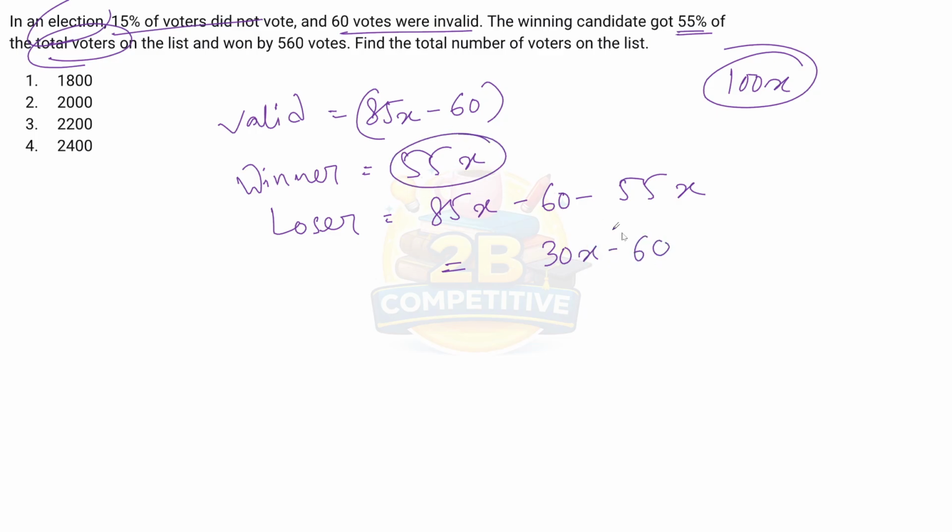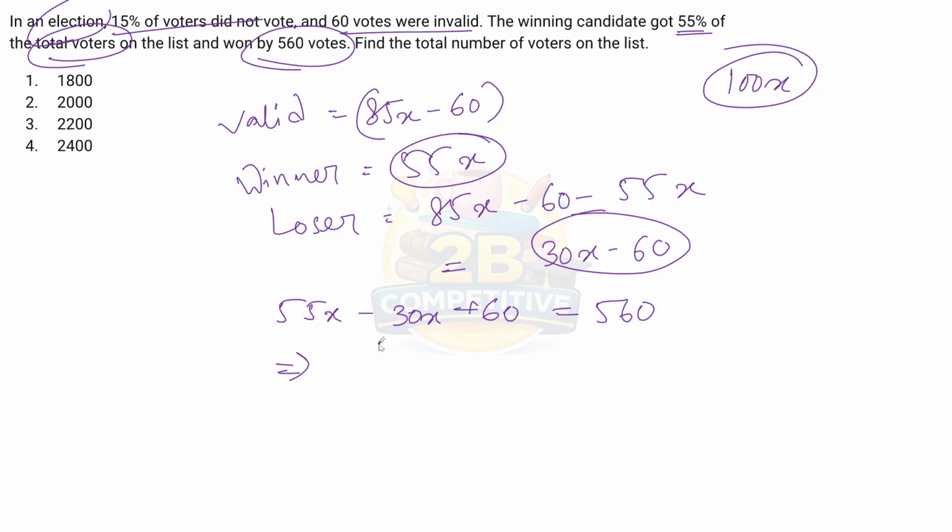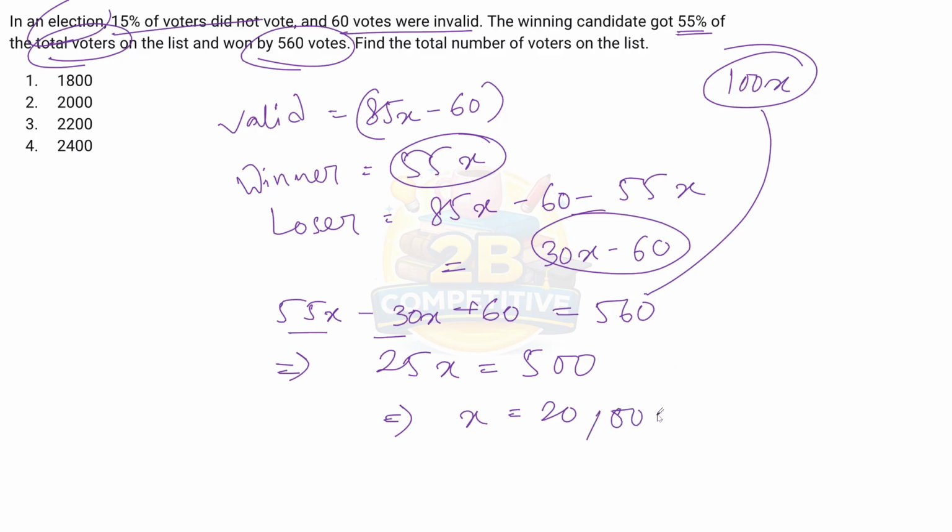The difference between winner and loser is 55x minus 30x plus 60. The winner won by 560 votes, so that will equal 560. So 55 minus 30 is 25x, and 560 minus 60 is 500. So x is 20. Total votes is 100x, so total votes is 2000.